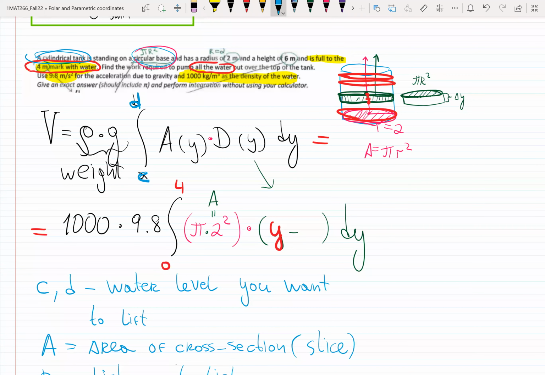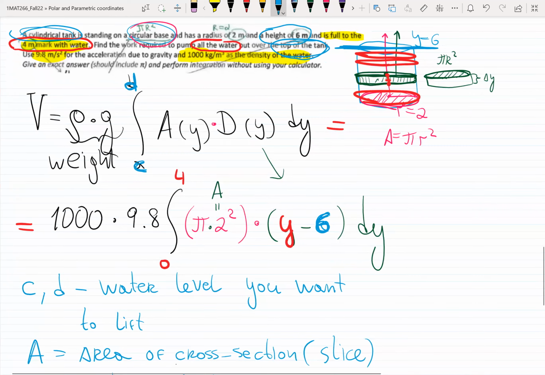It's actually not important where we start, well, if it's half of the water, then we know where to start. But in this case, it says it's 6 meters high and we want to lift to the top of the tank. No fountain. So this is the height, then. So it's y minus 6. That's it. That's what I wanted to explain.